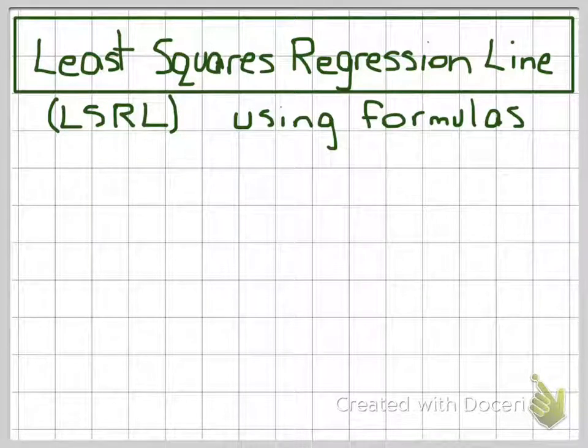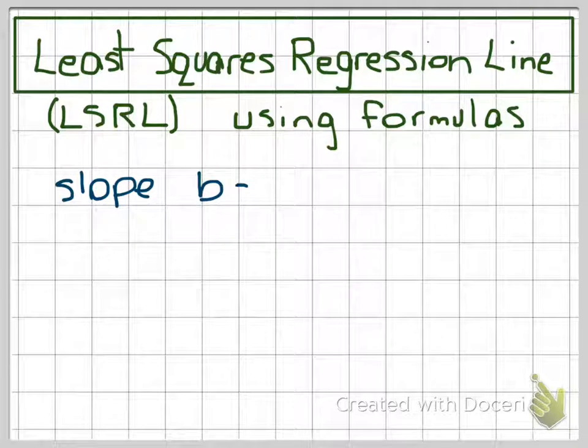Okay, so today we are going to talk about the least squares regression line, or the line of regression. We're going to refer to it as the LSRL, and we're going to learn a couple of formulas that will help us find that LSRL. First, we need a formula for slope, and the formula for slope is B is equal to R times S sub y over S sub x.